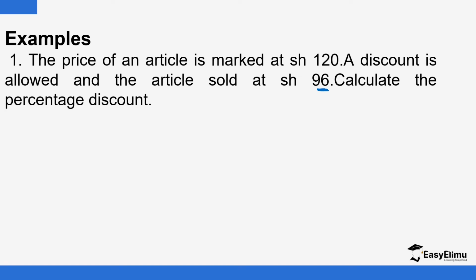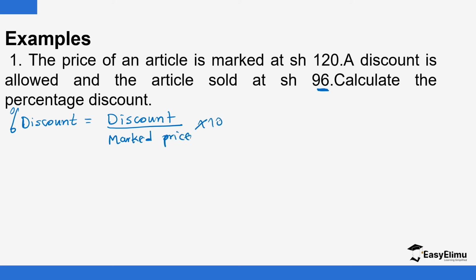So calculate the percentage discount. First of all, we have to work out the discount. Remember we talked about percentage discount being discount expressed as a percentage of the mark price. So percentage discount is equal to discount over the marked price times 100.